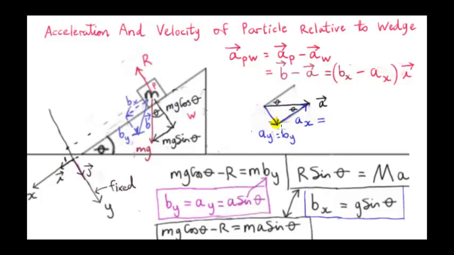Well, you can see from this diagram here that ax is actually pointing in the negative x direction. It's pointing up the incline. We could imagine a point on the wedge and consider its acceleration, which we know is to the right, is a, and look at its x component by just projecting onto our incline.